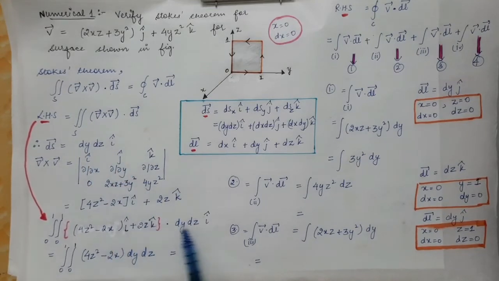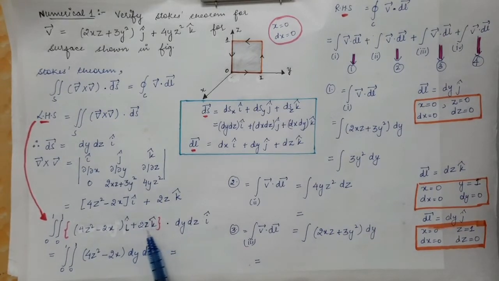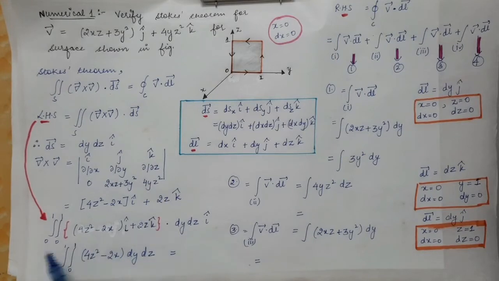On doing the dot product, only the x component will remain, and the k component will vanish. So we will just get 4z square minus 2x times dy into dz.